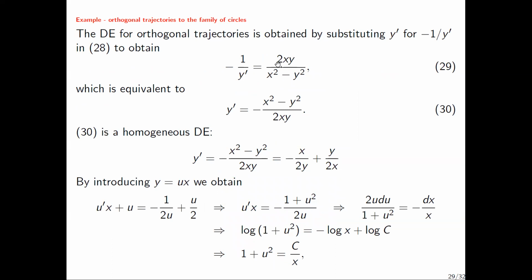So y prime is 2xy over x squared minus y squared. And at first sight, it didn't look possible to translate such an equation into the homogeneous form, so into such a form that the right-hand side depends only on the quotient between y and x. And then we changed the problem to the one which is on the slides.